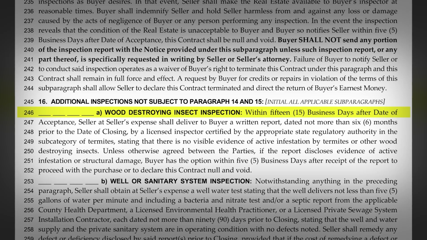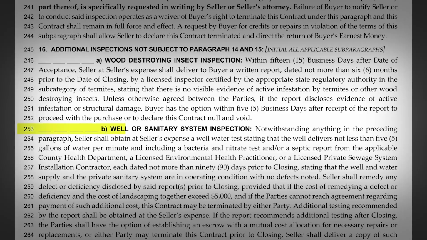This paragraph talks about the seller paying for that wood destroying infestation, typically seen with VA loans. Paragraph B is the well or sanitary system inspection. This talks about the seller providing reports of inspection of these items. If they exist, this paragraph should be initialed for the seller to provide those reports.